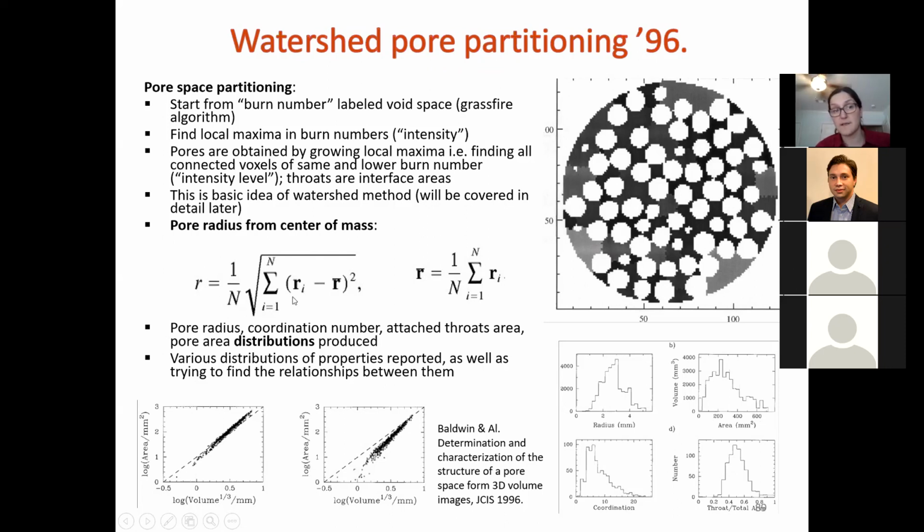Okay, so this is similar to having an integral. The center of mass definition is an integral, but here you have individual voxels, so you just do the sum. And that center of mass is then the center of the pore. You can also figure out which pore is neighboring which other pore, and that allows you to define connections between the pores.